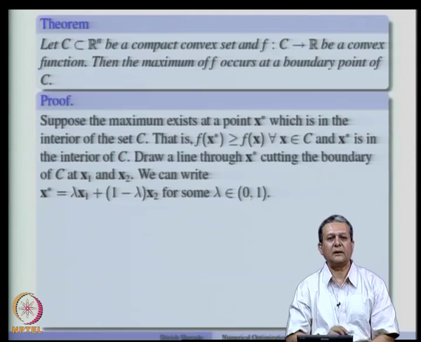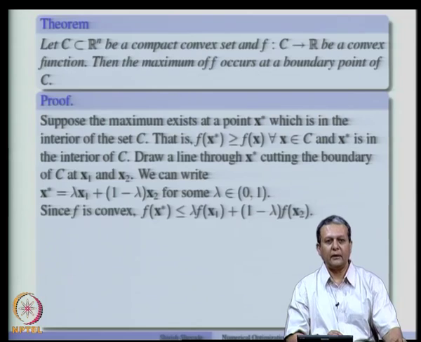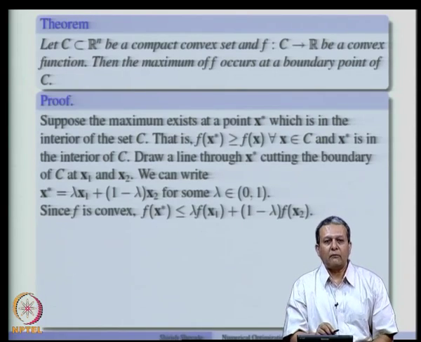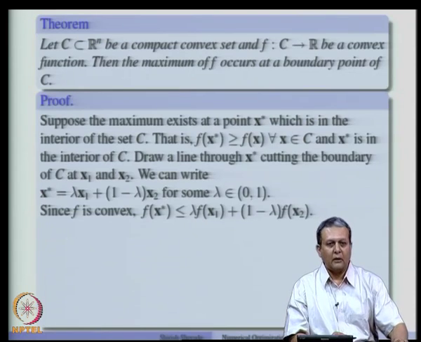So, remember that x star is not equal to x1 and x star is also not equal to x2 because it is a point in the interior of the set C. Now, we will use the convexity of the function f. So, since f is convex, we can write f of x star is less than or equal to lambda f of x1 plus 1 minus lambda f of x2.